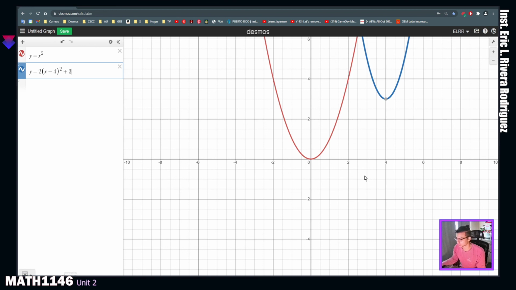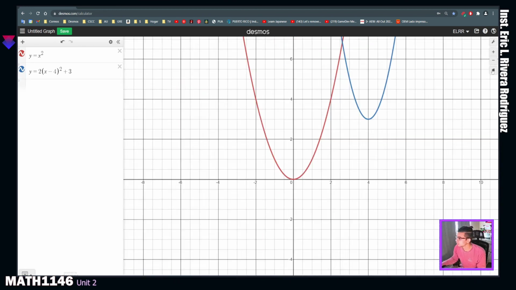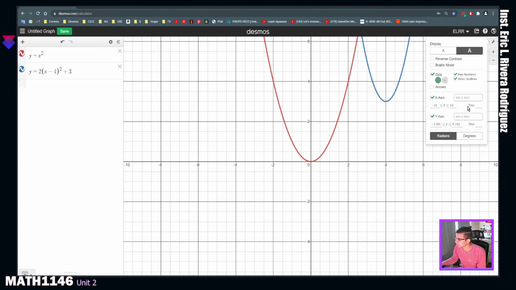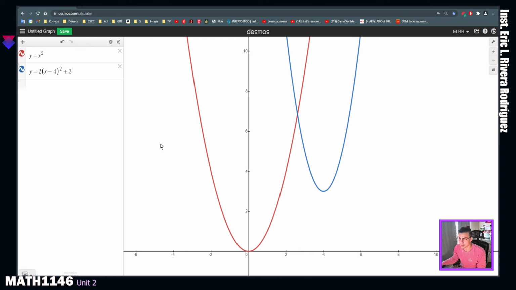Okay. So here we have, I don't know how well you can see this. Let me get rid of that. On blue is the new function, and red is the parent function. We want to explore the effect of that -4 on the input group.